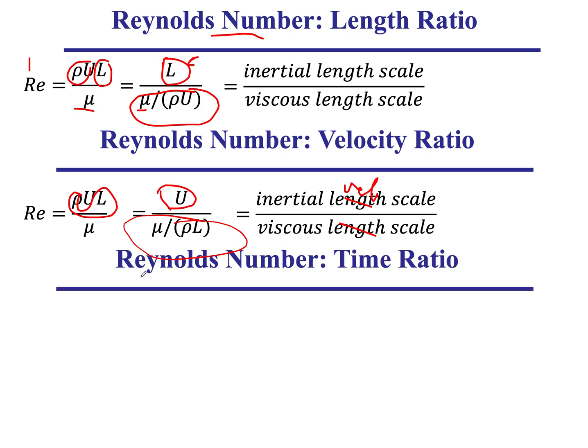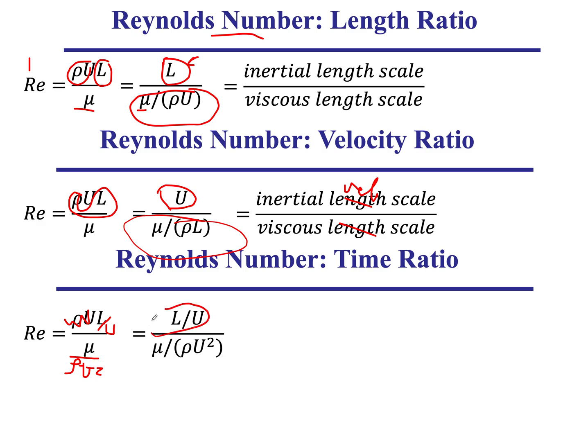And thirdly, we can look at the Reynolds number as time scales. So rho u L, if I want to make this as time, I will get L over u here, so that's time. And then those, I will move them to the bottom and add another u, so mu over rho u squared. So L has units of meter, velocity has units of meter per second, so we're dividing by meter second to the minus 1.